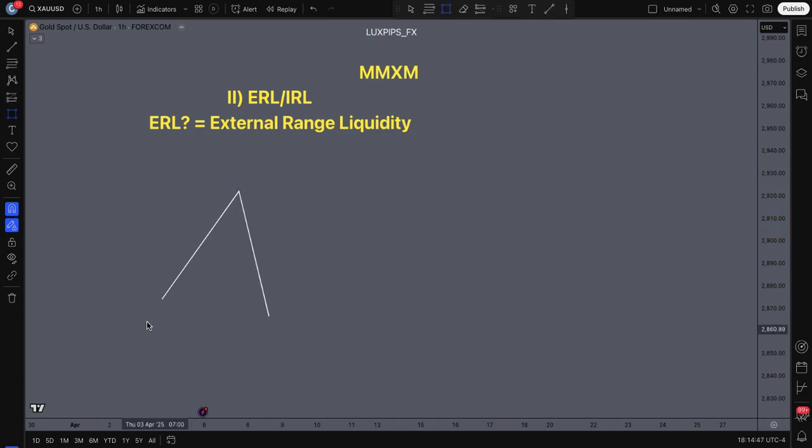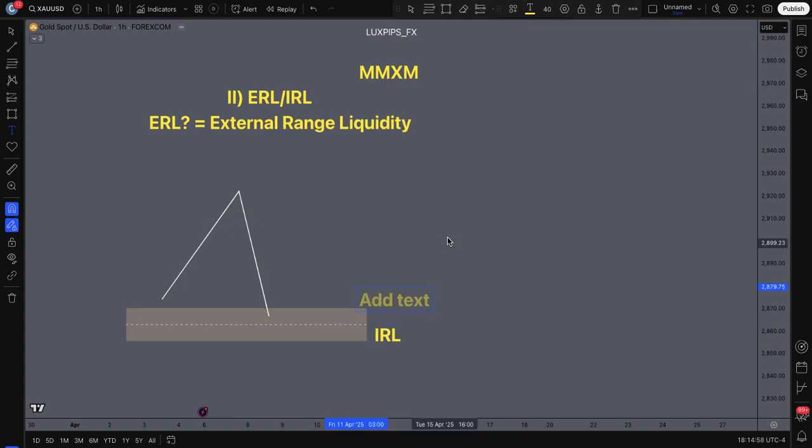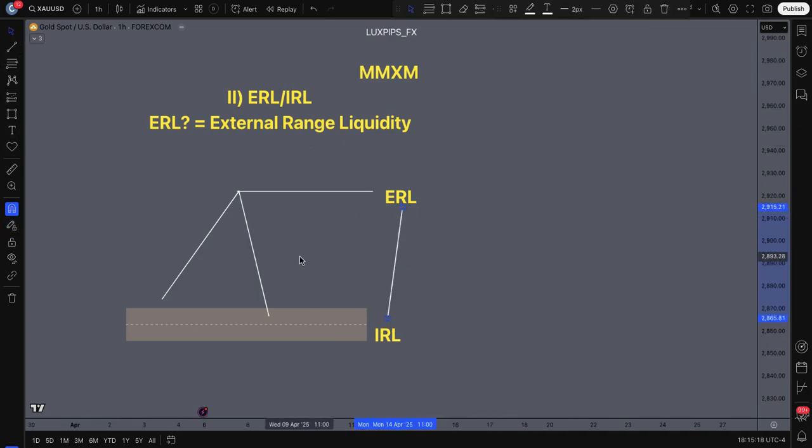So we're buying into this FVG right here, right? This is IRL. I'm going to go over that a little bit. Goes into IRL. The next objective is ERL. So yes, you're going to be trading IRL to ERL.